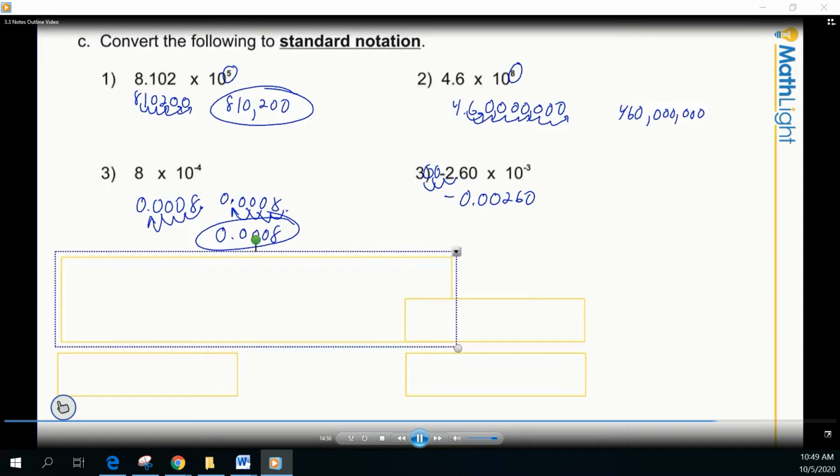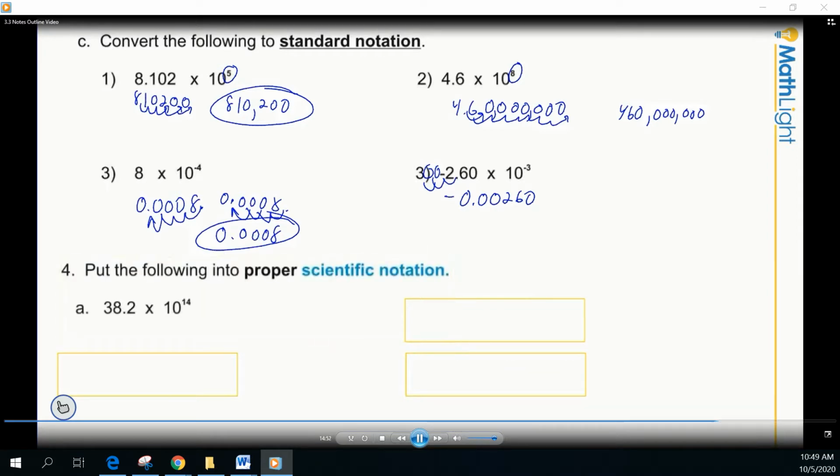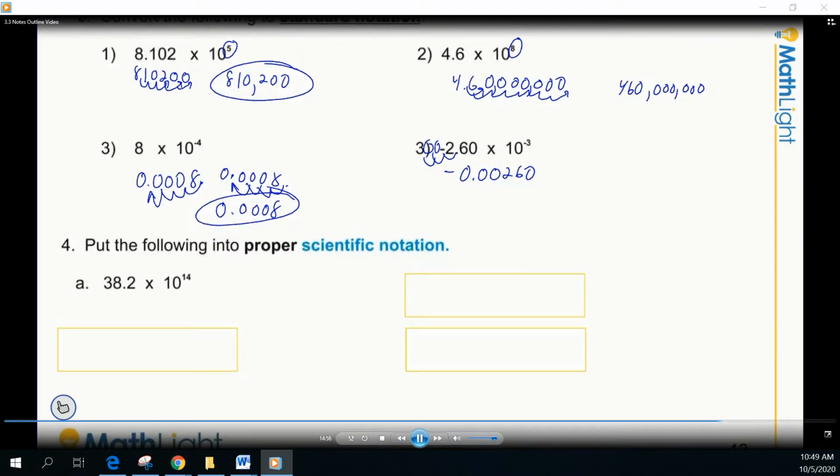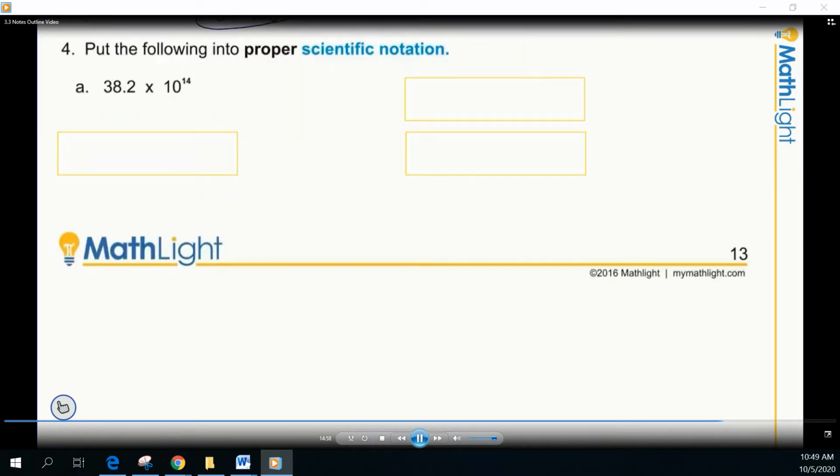All right, couple last concepts here. Make sure that you always put your answer into proper scientific notation. Remember that first digit has to be between 1 and 10. So watch how this works.